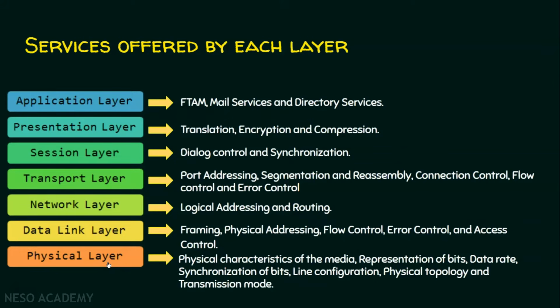There are two kinds of medium, wired medium and wireless medium. So the physical layer deals with the physical characteristics of the media and the representation of bits, the data rate or transmission rate, the synchronization of bits, the line configuration, the physical topology, and the transmission mode.